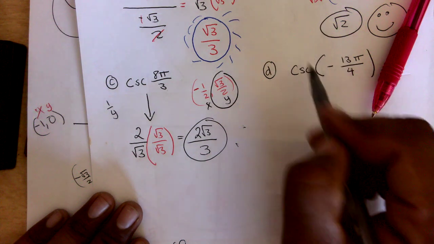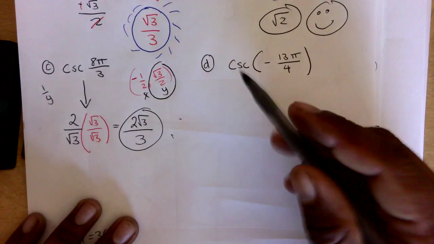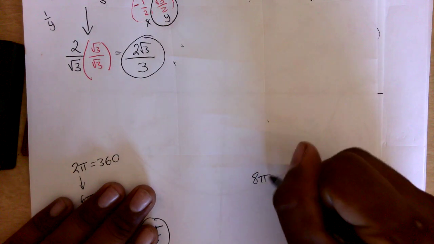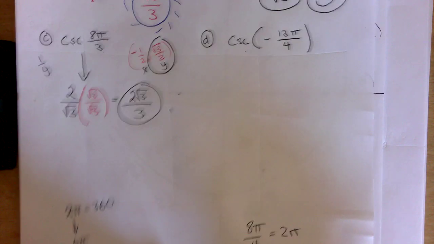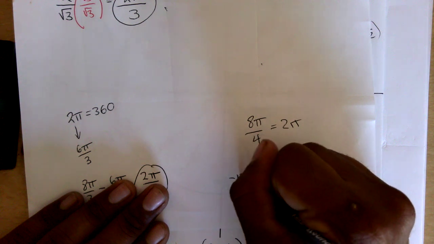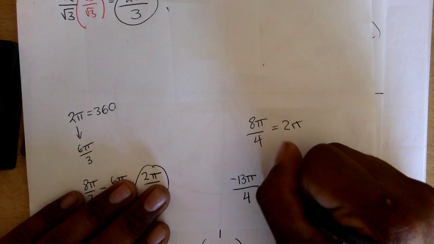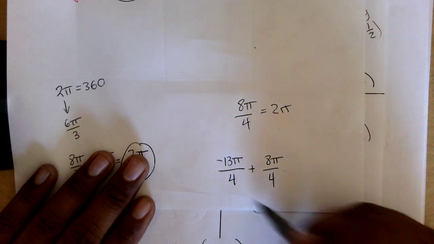Got one more. Again, cosecant, a negative 13 pi over 4. In this case, if I was going to add 2 pi each time, in pi fourths, 8 pi over 4 is equal to 2 pi. So that's what I'm going to do right now. If I added 8 pi over 4, I know I wouldn't get around the circle one more time.